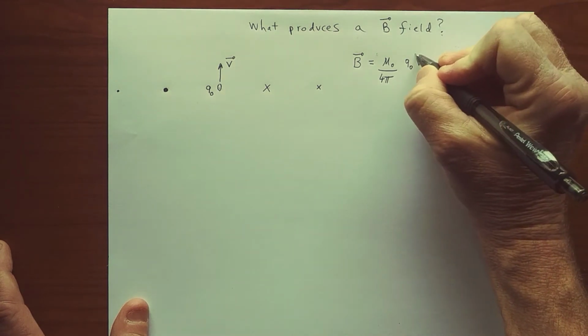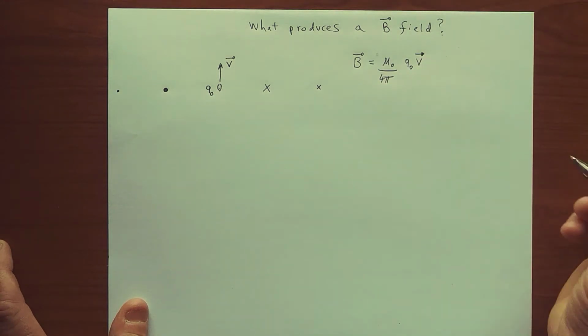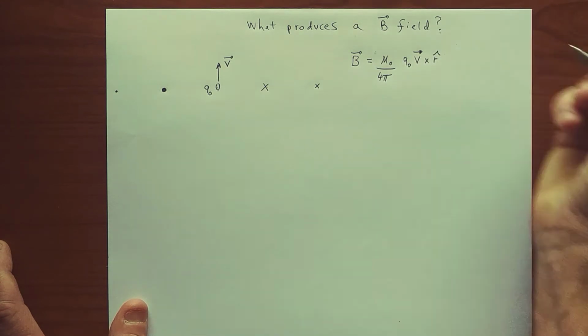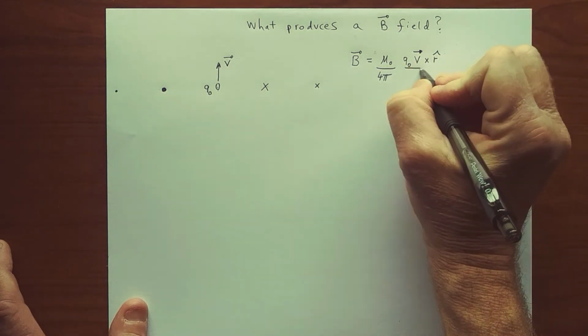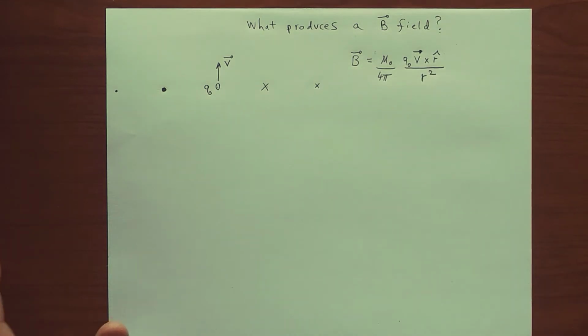And we have the velocity, which makes a difference. If that goes to 0, the magnetic field disappears. We have a strange cross product in the field, just like we did in the magnetic force. And then the 1/r² expression that we saw for the electric field as well.